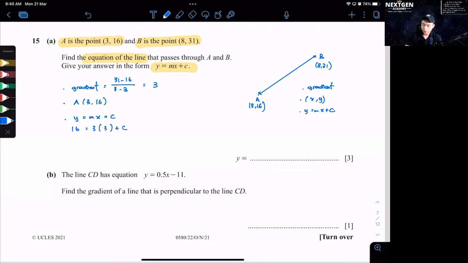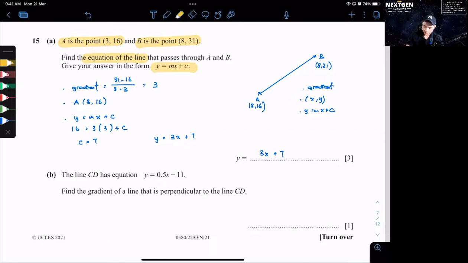So what will you get here? C will be equal to 7. Therefore, the equation of this straight line will be y equals 3x plus 7. This is your y equals mx plus c.